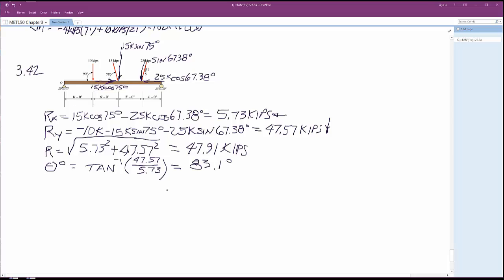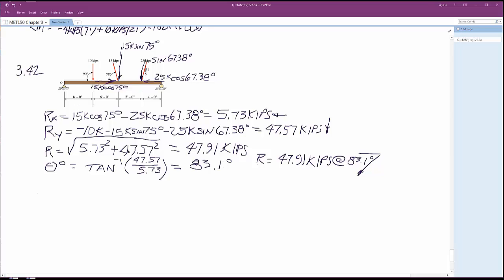degrees. So the resultant, if you will, equals 47.91 kips at, let's see, now that's going down and to the left, so that's about the third quadrant, at 83.1 degrees.